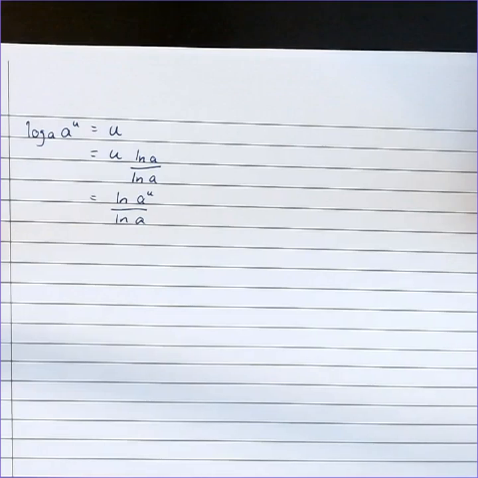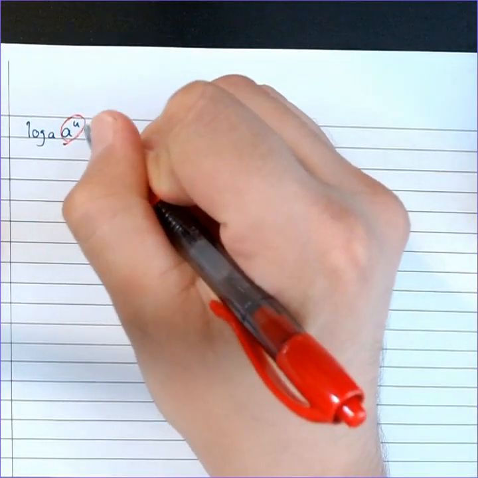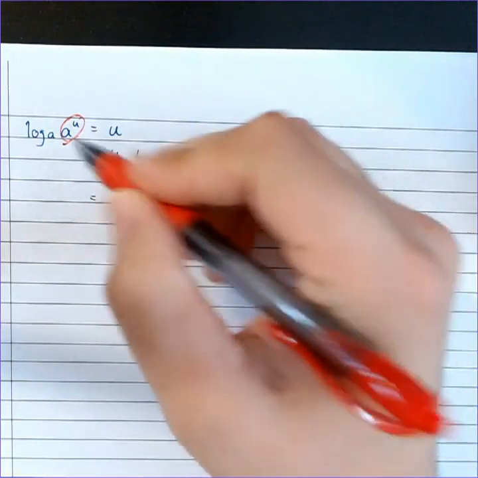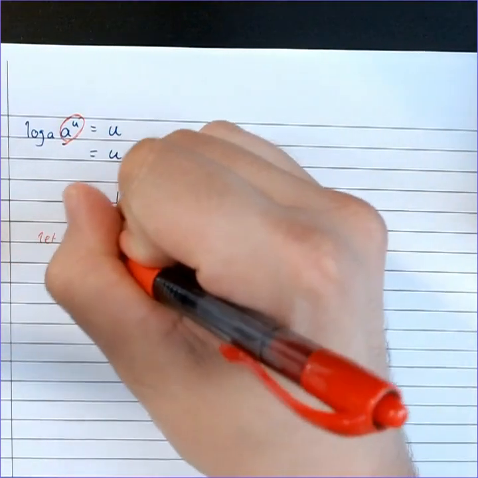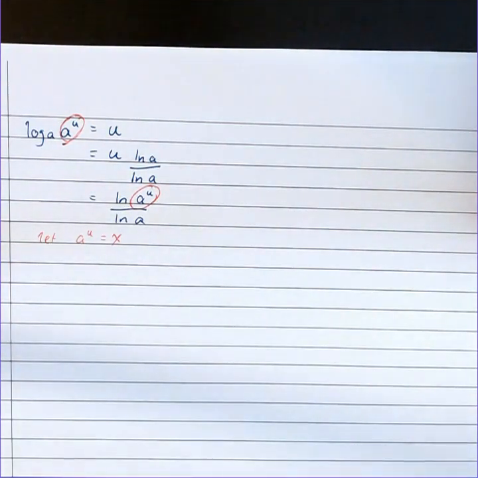But you'll now note that these two expressions are identical. A to the u is exactly the same as this a to the u. So let me take both of those and call them something simpler. Let's let a to the u be represented by something simple. Let's just say x.